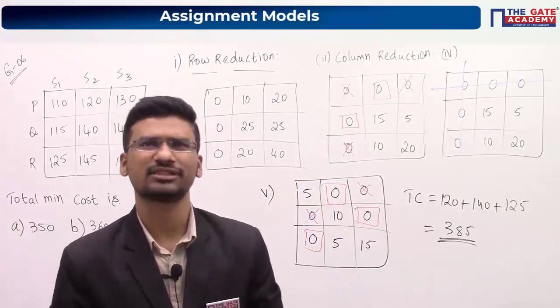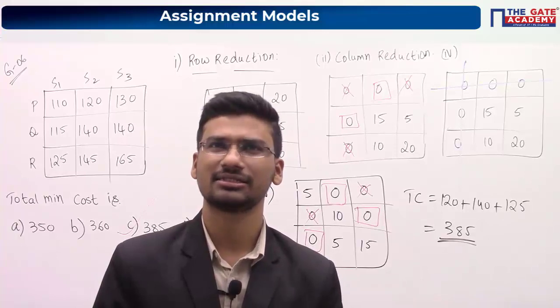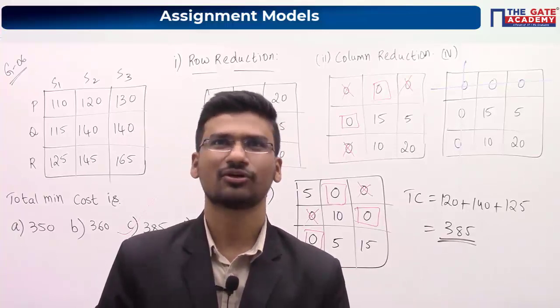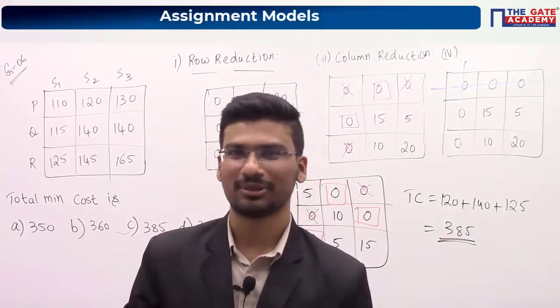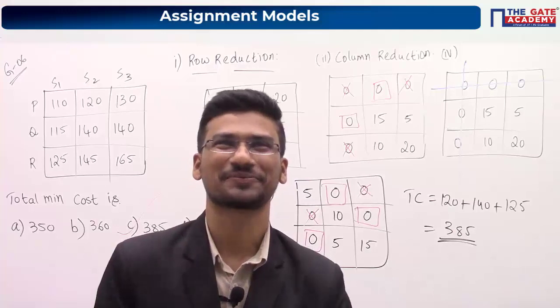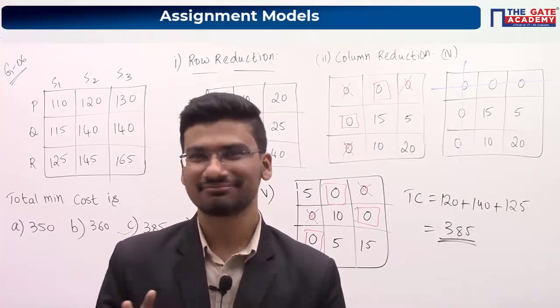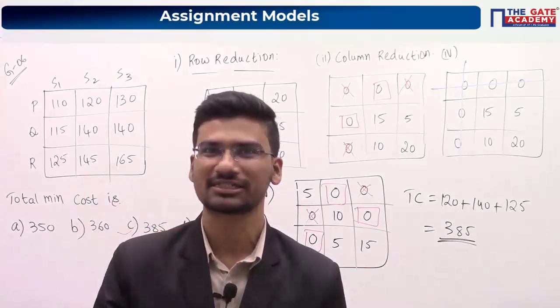Saurav, you are asking if we start with column reduction, then also the method as it is. I mean, Saurav, have you solved any question by taking column reduction? You will get a different answer, okay? So don't invent new methods, Saurav. See, if you start with column reduction, it is possible. That's what I have already told you. Then you have to look for single zero columns first.